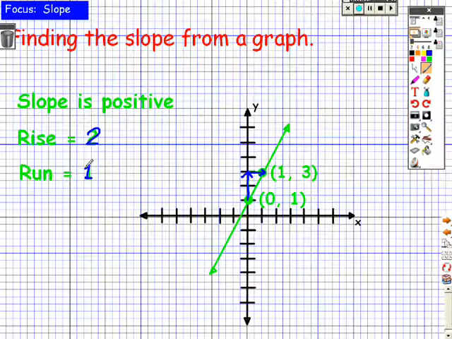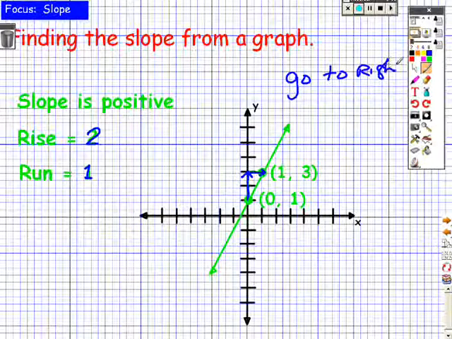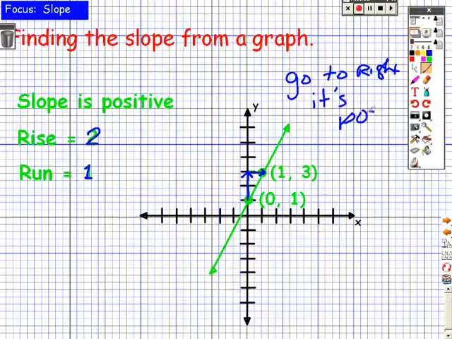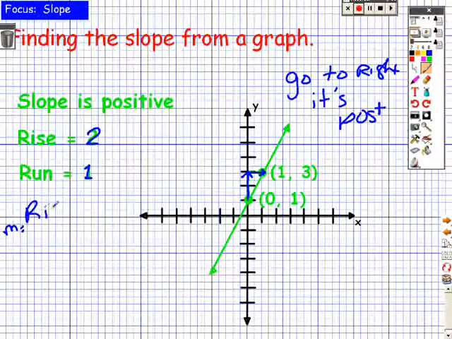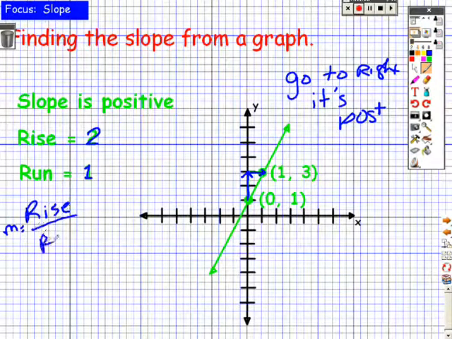Anytime I go to the right, it's positive, making my slope positive. Remember, we said that the slope could be calculated by dividing the rise by the run. In this case, 2 divided by 1, which would be a slope of 2.